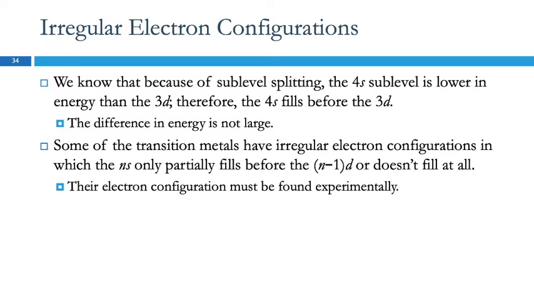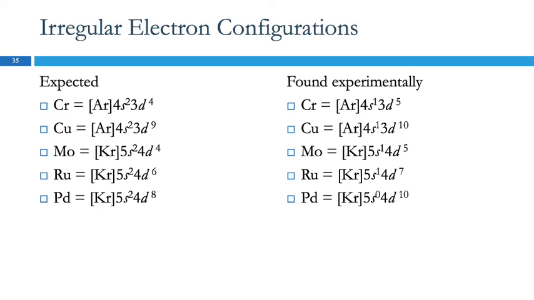Okay. These electron configurations have been found experimentally, and I'm only going to ask you to remember 2 of them. This is what we expect from chromium, and this is what chromium actually gives us. So let's look at what's happening in the electrons past argon.